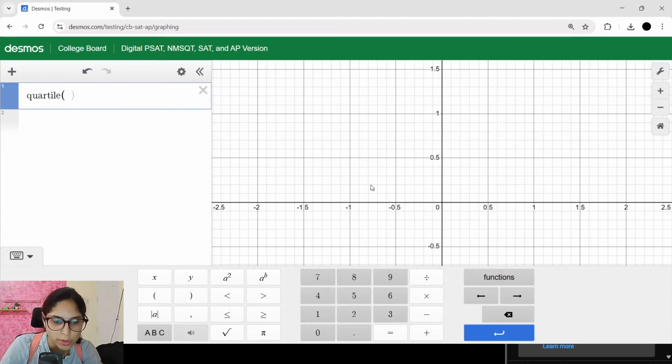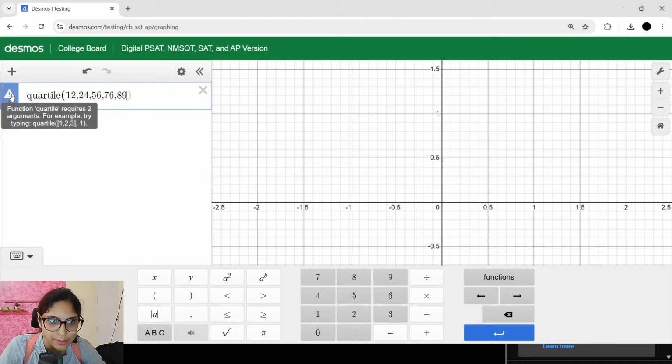Now let's see how we can get quartile. So again, what it is saying, function quartile requires two arguments. For example, you have to write your values, and then comma, you have to write which quartile you're looking for.